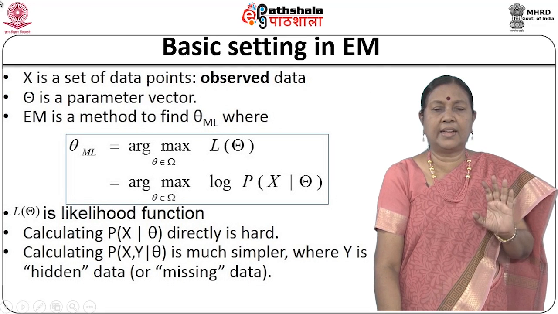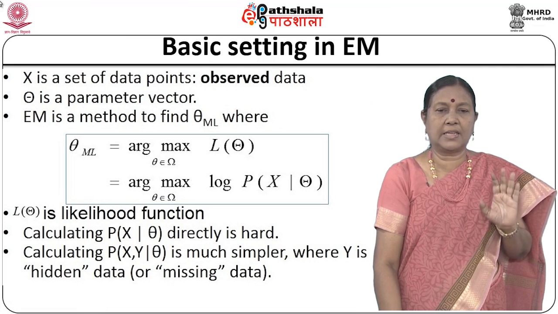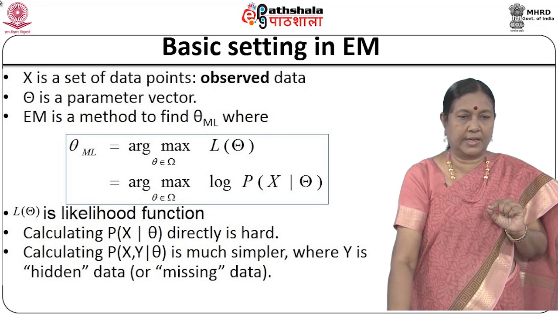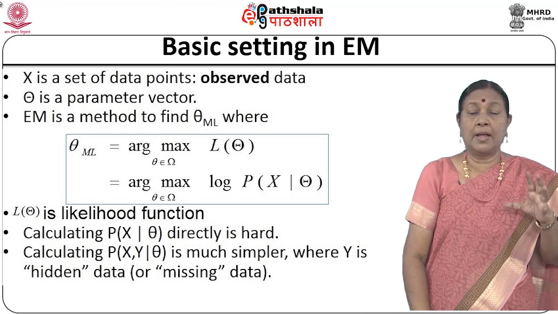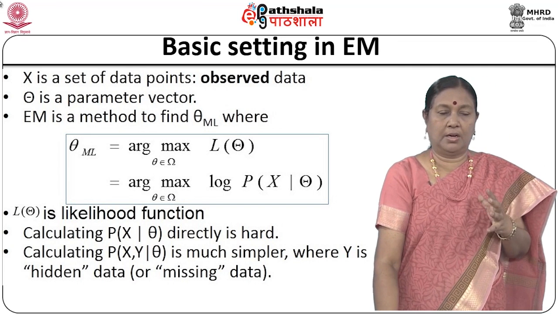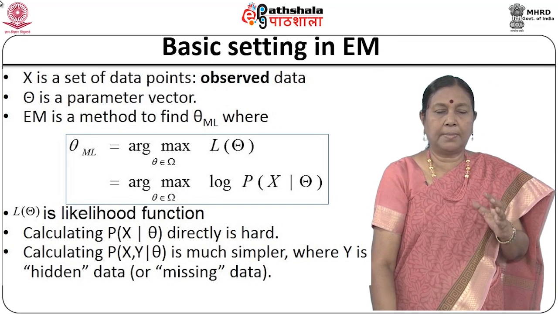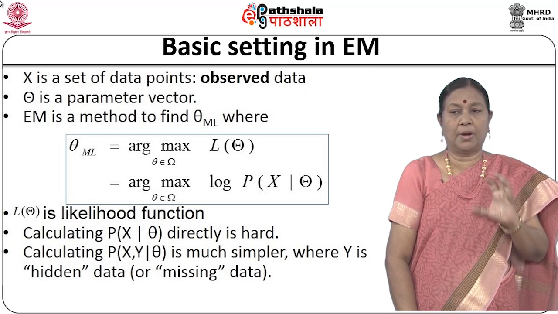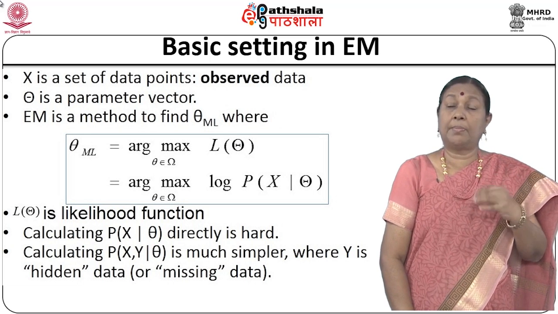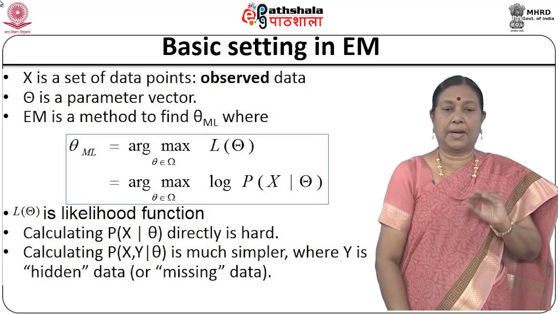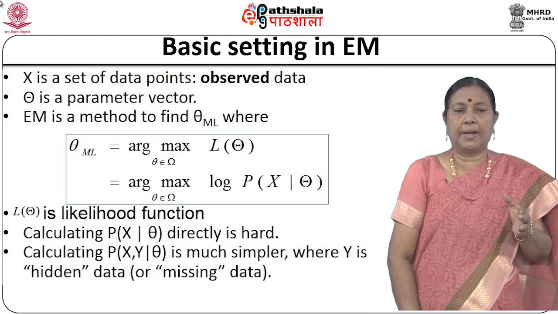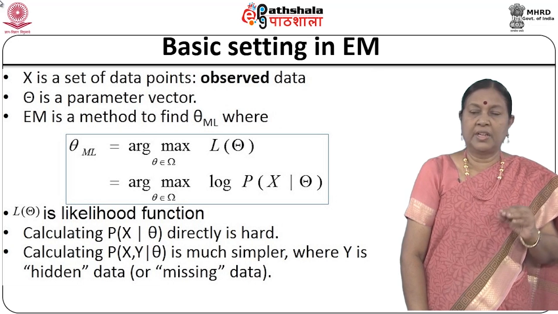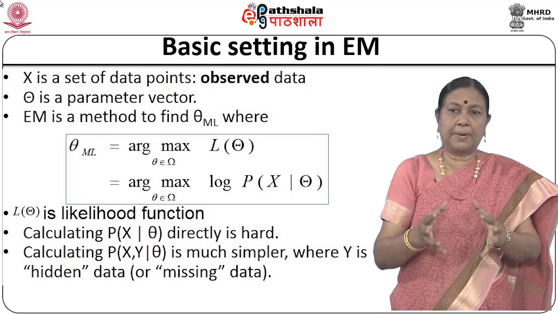The basic setting in EM is that X is a set of data points, or the observed data. Then you have theta, which is a parameter vector for the model. EM is a method to find the maximum likelihood of that particular model's parameters, where theta ML is the argmax over theta for that particular model.